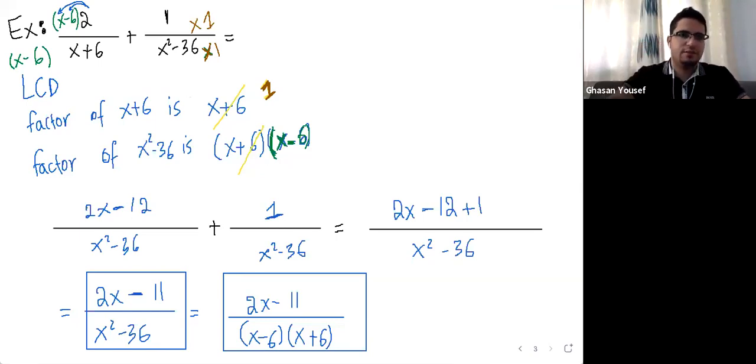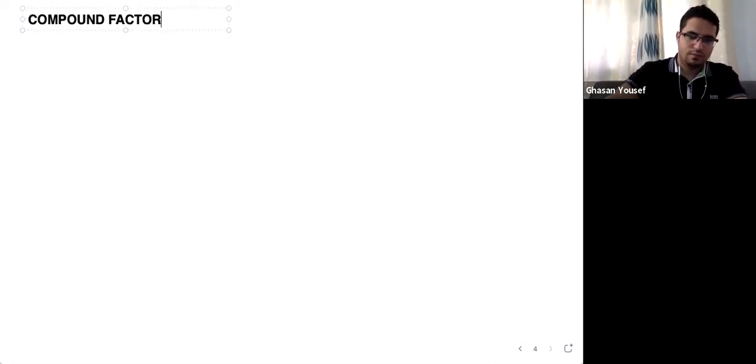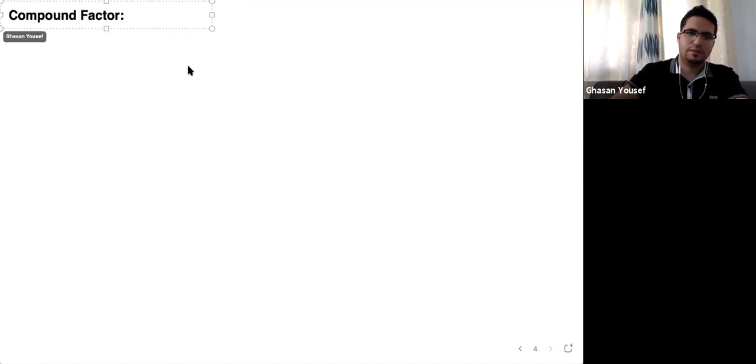Okay, any question for this example? No? Okay. Now, another thing in this section is how to simplify a compound fraction.